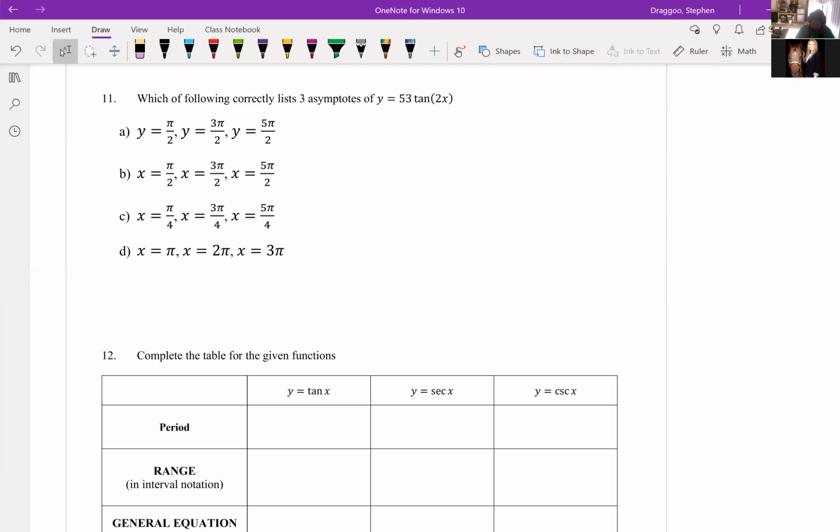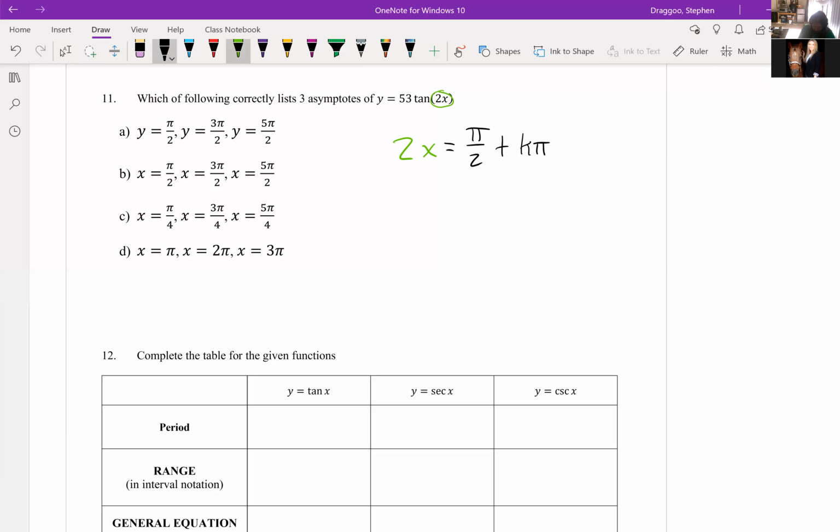Which of the following correctly lists 3 asymptotes of y equals 53 tangent of 2x? So I'm going to take that 2x and set it equal to pi over 2 plus k pi, because that's what I'm going to be interested in.